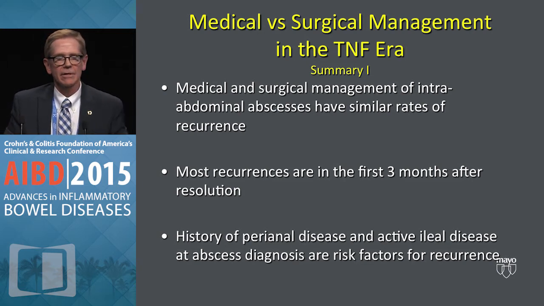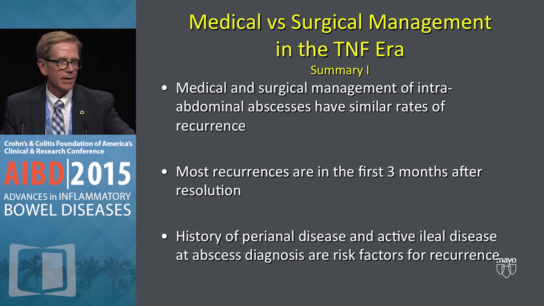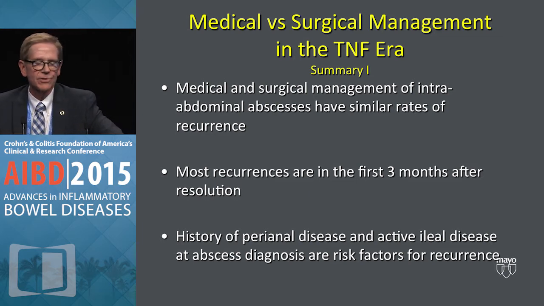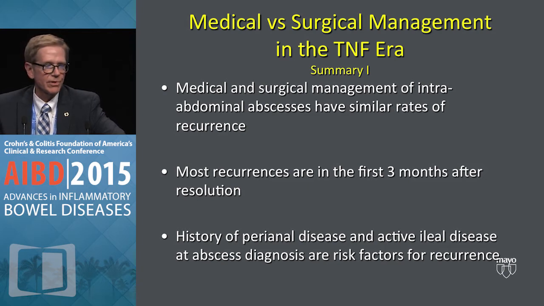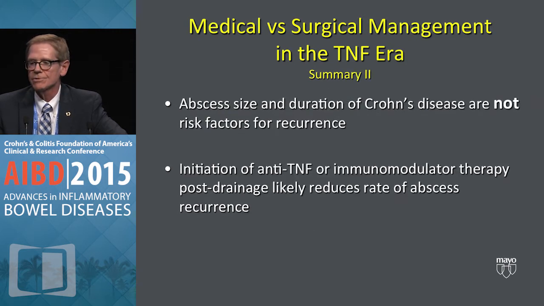In the medical versus surgical management in the TNF era, the group summarized that medical and surgical management of intra-abdominal abscesses have similar rates of recurrence. Most occur early. The history of perineal disease and active ileal disease at the abscess diagnosis are risk factors for recurring problems with abscesses.